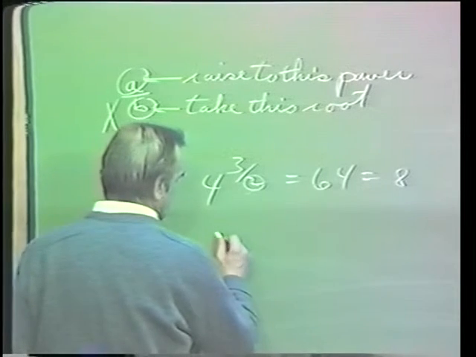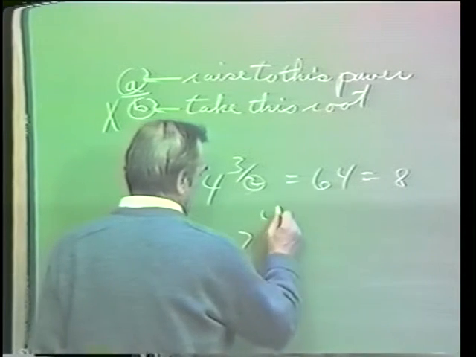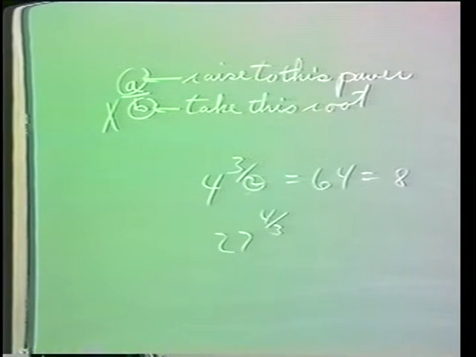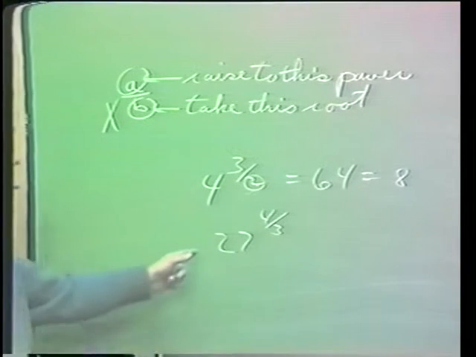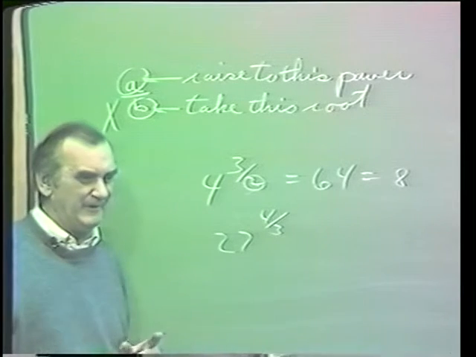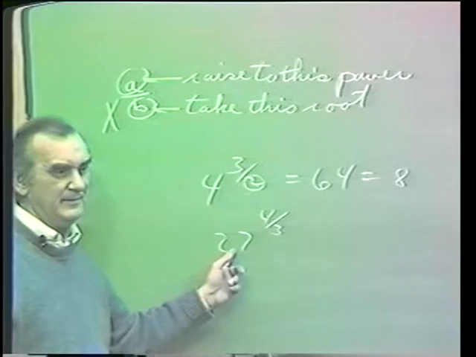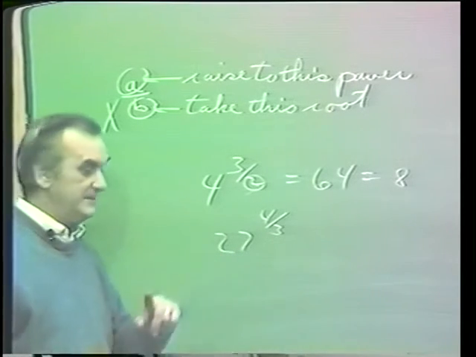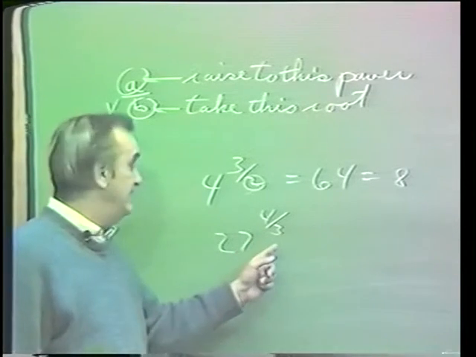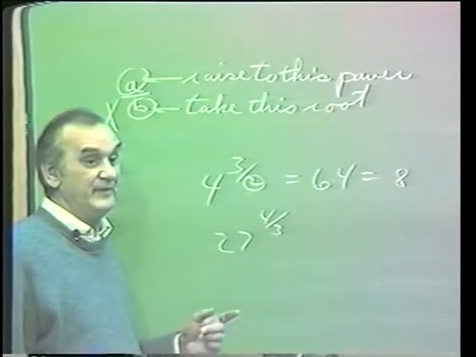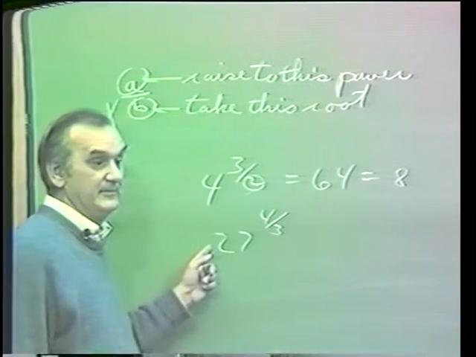Now let's see. This is take 27, raise it to the 4/3 power. Now if we raise 27 to the 4th power, that's going to take us 10 minutes. But let's show you how nice and easy it is the other way. It says take the 3rd root of 27. What is the 3rd root of 27? 3.